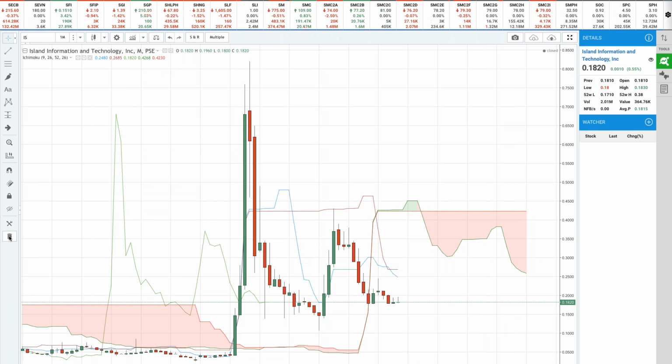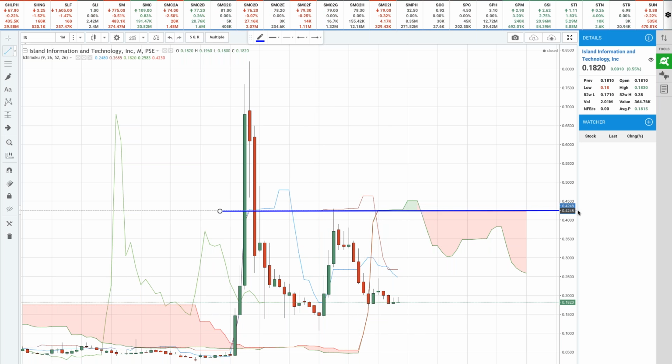Let's remove that Fibonacci first. After price bounced at this level, this low, we found that price found resistance at this area because this is where the Kijun-sen line was. This was the monthly Kijun-sen resistance on the monthly chart. So this was a strong area to break.